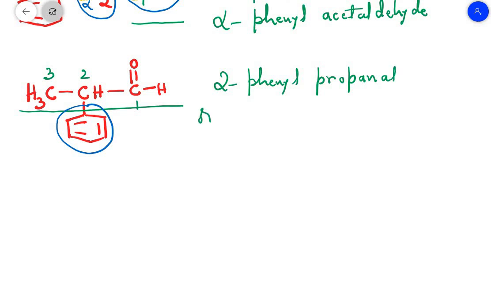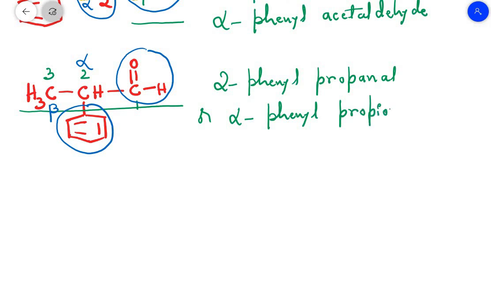Or this second carbon can also be called the alpha carbon, because after the functional group the next carbon is called alpha, and this carbon is called what? Beta, and the chain will be running. So this compound is also called alpha phenyl propionaldehyde.